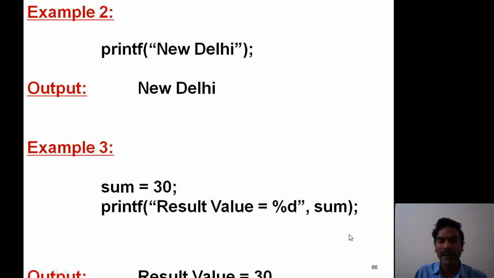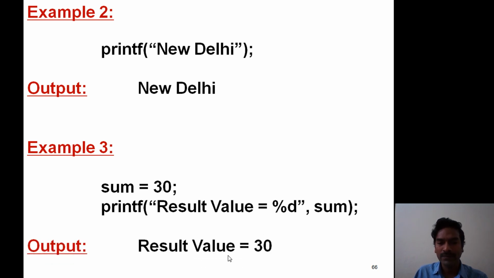It prints the message result value, and the same message is printed, where %d is a control string. The control string's supporting variable is sum, whose value is 30, hence 30.